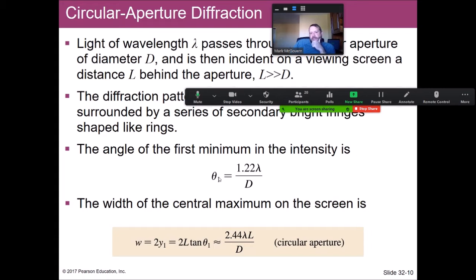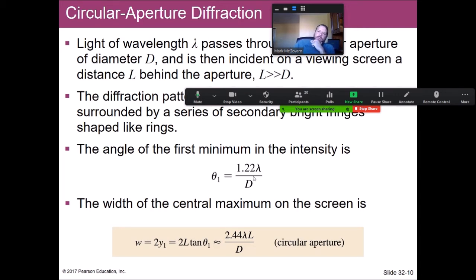And it turns out that the very first minimum, what we're really saying is what the radius of that bright fringe in the middle is, is given by this angle here, 1.22 lambda over d. I'm just throwing this equation at you and not explaining too much, because it's beyond the scope of what we can do here. This comes from a very complicated set of functions called Bessel functions.